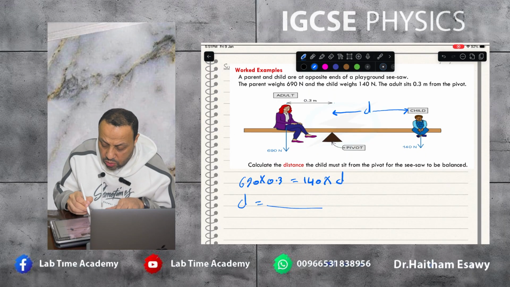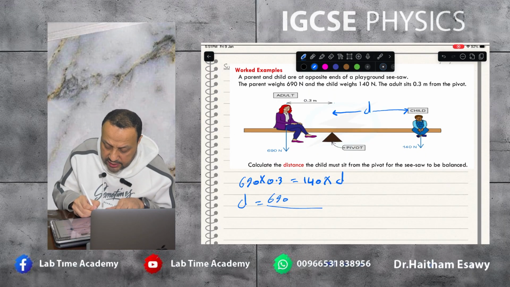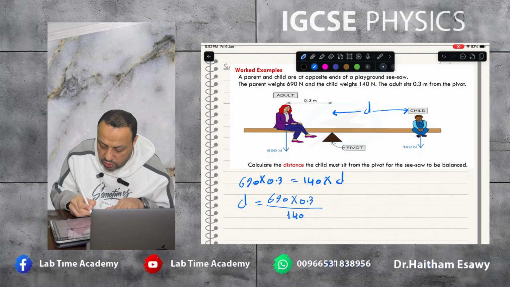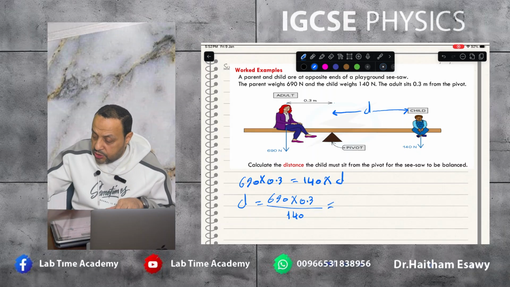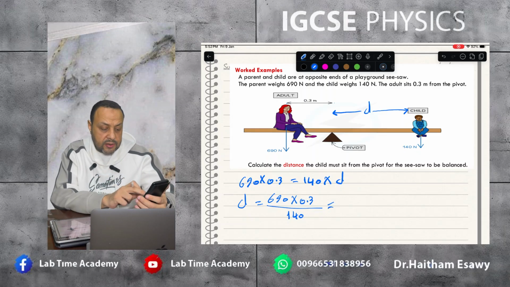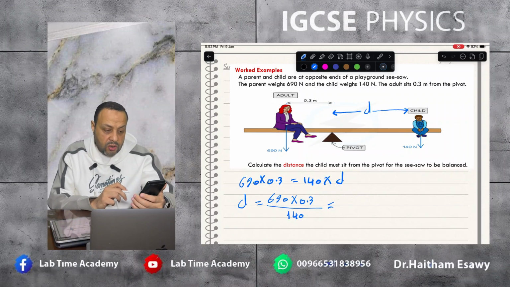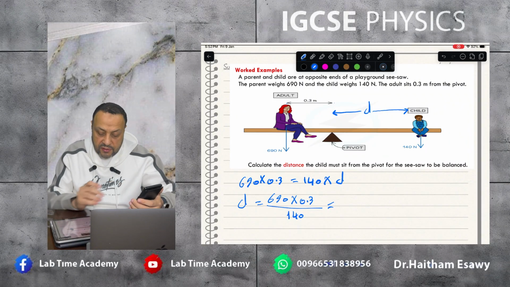So d will be equal to 690 times 0.3 over 140. Just use your calculator. So now we have 690 times 0.3 divided by 140, which equals 1.5.